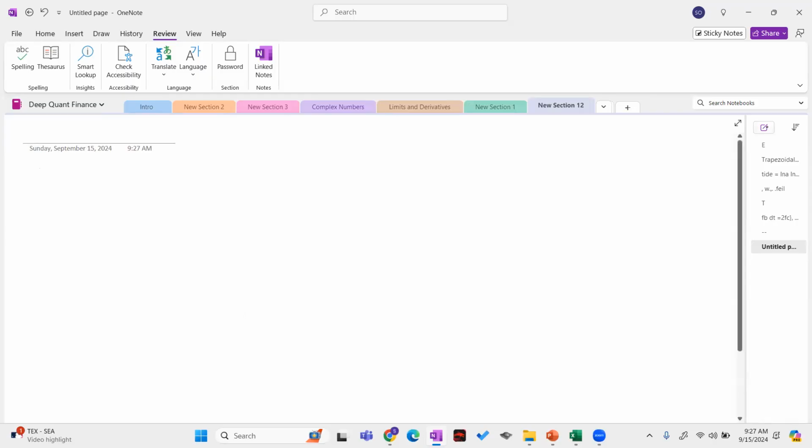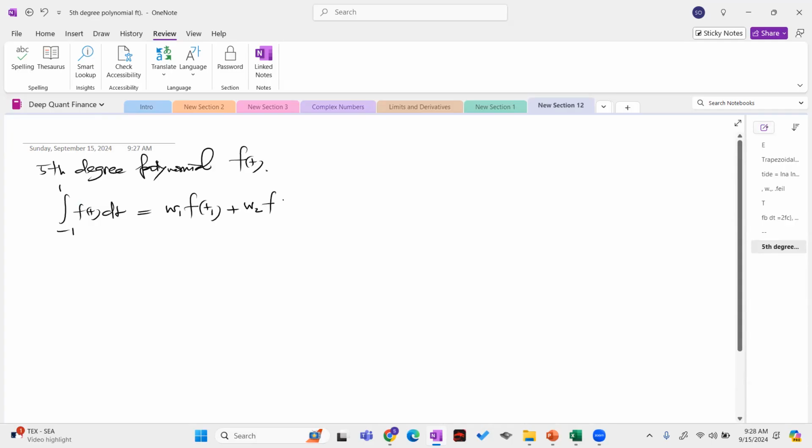For example, the next step would be what? Okay, fifth degree polynomial, right? Fifth degree polynomial f of t. Now, if I integrate f of t dt from -1 to 1, I should write this as w1 ft1, w2 ft2, and another term w3 ft3. Okay, a fifth degree polynomial will have 6 coefficients.